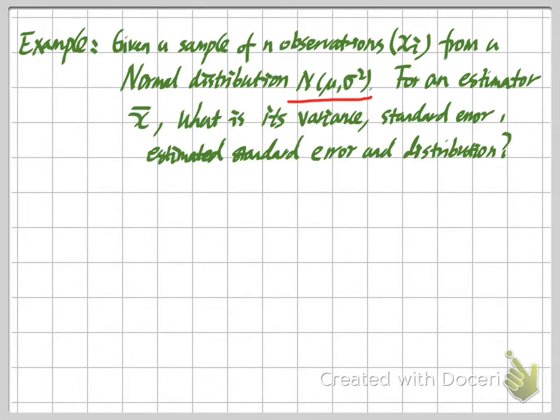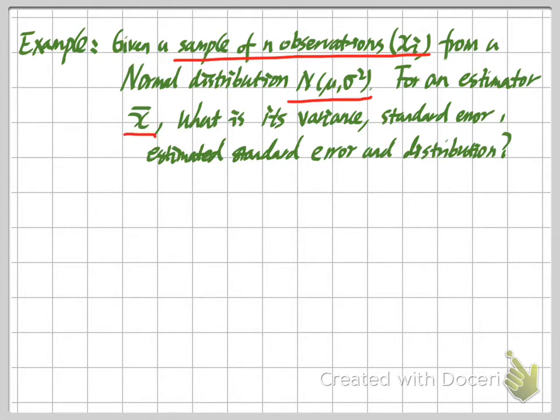And then we have a sample which has n observations, and we denote these samples using little letters x sub i. The estimator we are interested in is the sample mean.